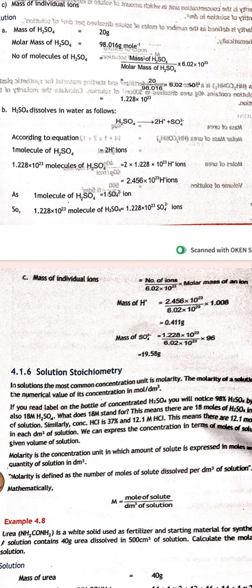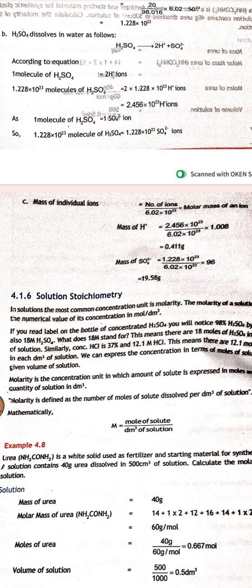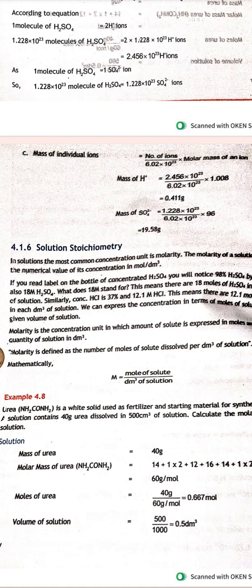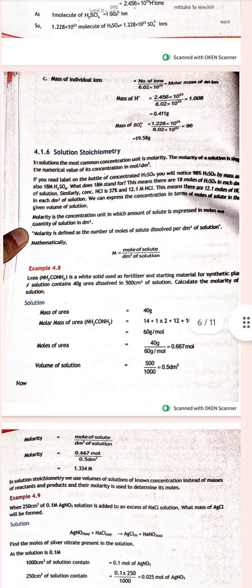We separately calculated their individual ions, and after that we calculated the mass of the individual ions. Now we have the solution stoichiometry.